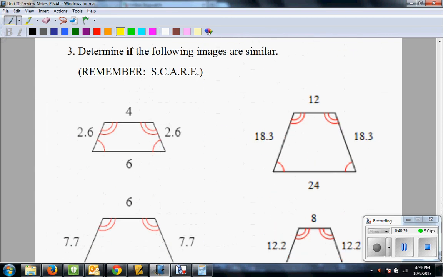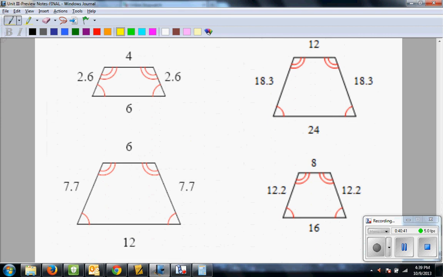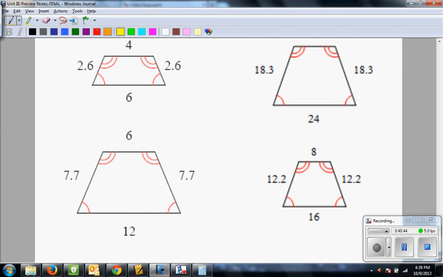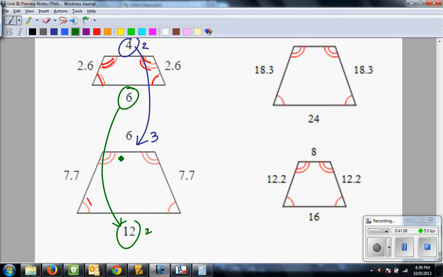So you determine if the following are similar, and we're using scale. We check for angles, congruent angles, and we see that they're equal already. So now we check for ratios being equal. We have to match them up. So we have 4 to 6, and 2 goes in there twice, and 2 goes in there 3 times. That's a 2 to 3 ratio. Now we have 6 to 12. 6 goes in there once and twice, that's a 1 to 2 ratio.